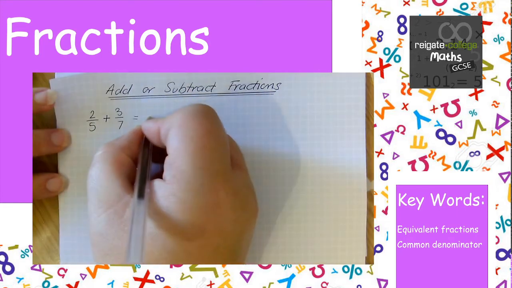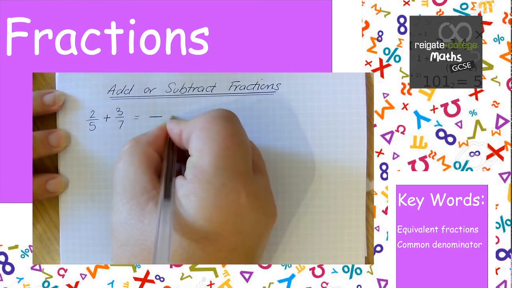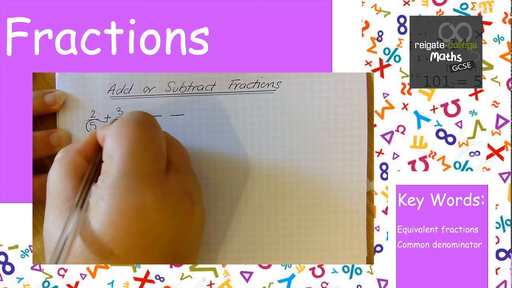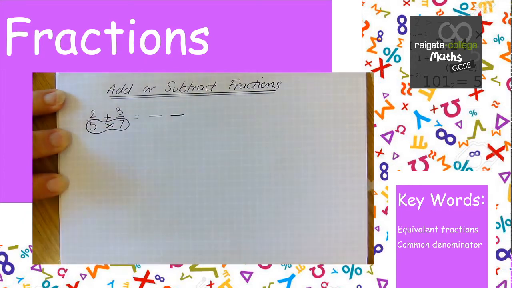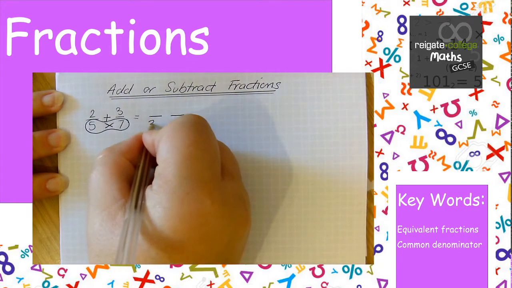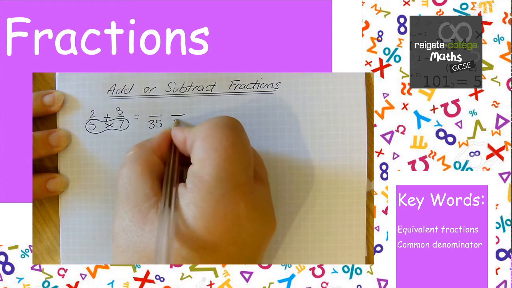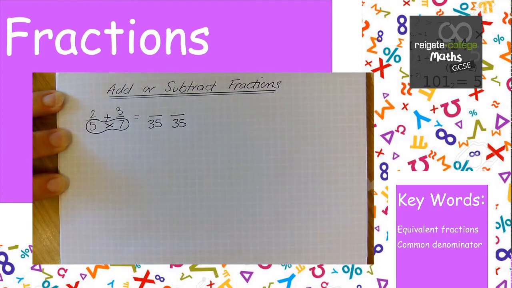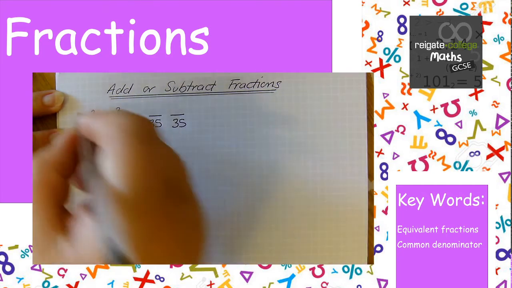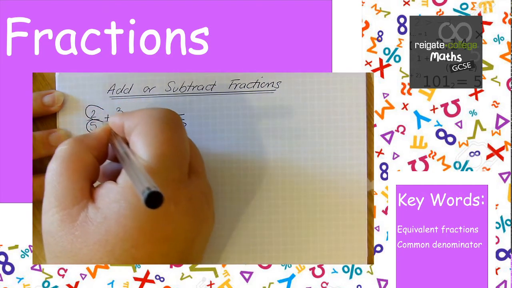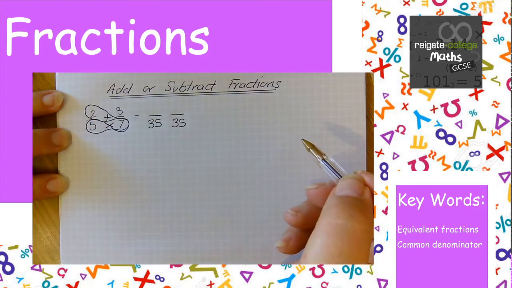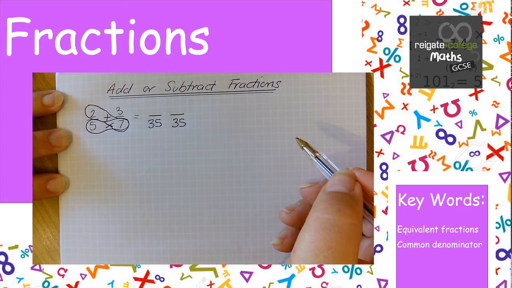The first stage is to write equivalent fractions with the common denominator by multiplying the 2 denominators we have already. 5 times 7 is 35. So that is the denominator of both our new equivalent fractions. The numerator to the first one is achieved when I multiply top left and bottom right.